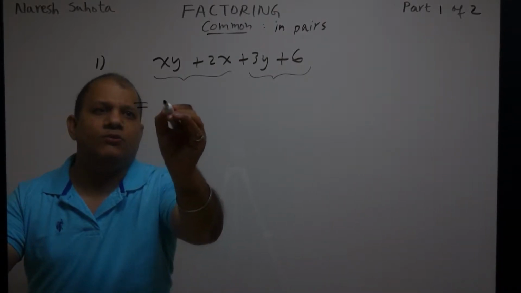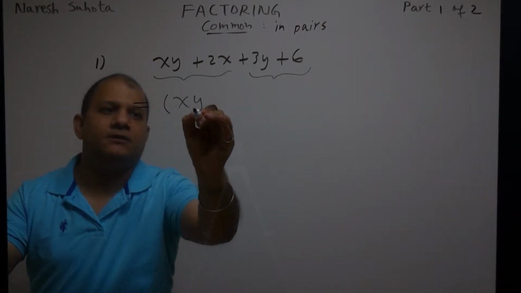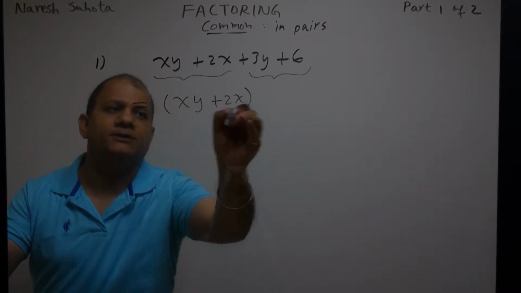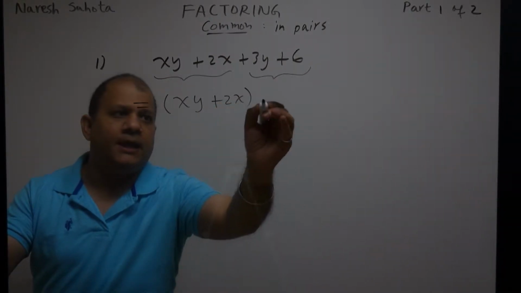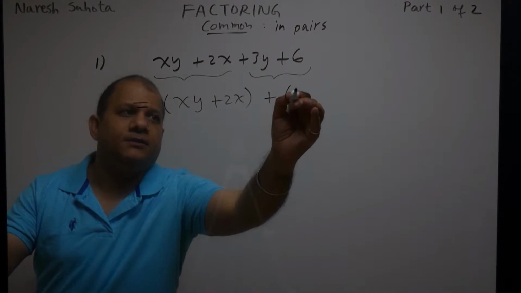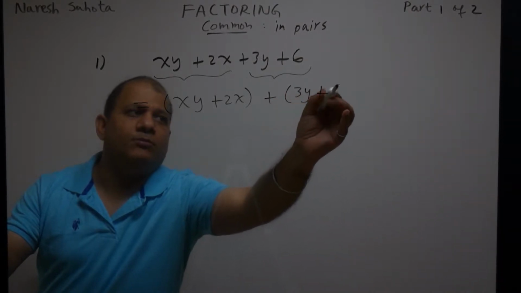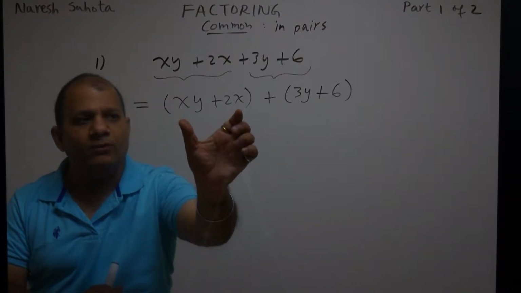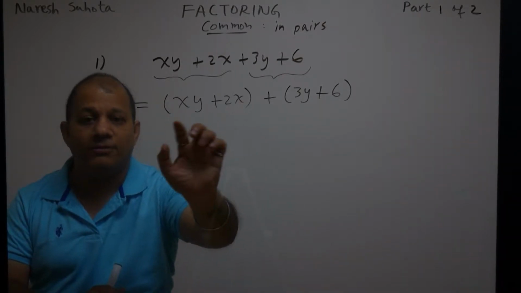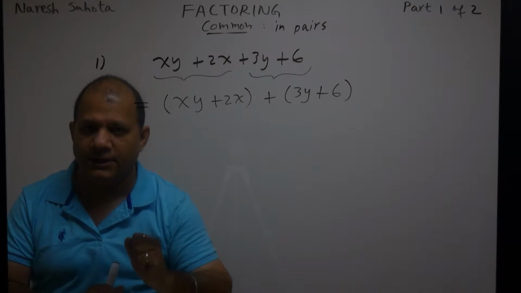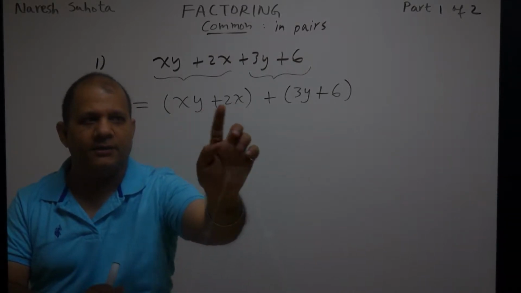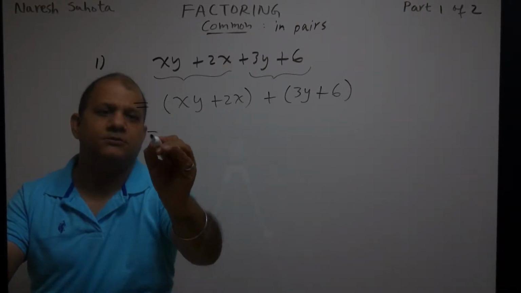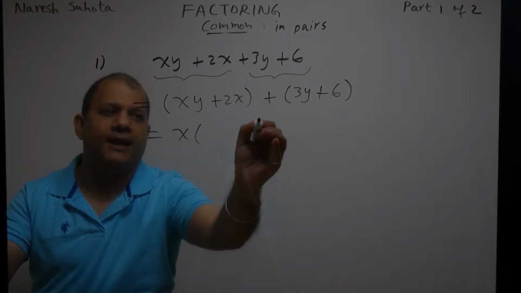Now I'm going to rewrite xy plus 2x in brackets, and then plus the last two terms, 3y plus 6. So I've got two pairs. Now I'm going to common factor each bracket separately. In the first bracket, x is common, so let's pull out a factor of x.